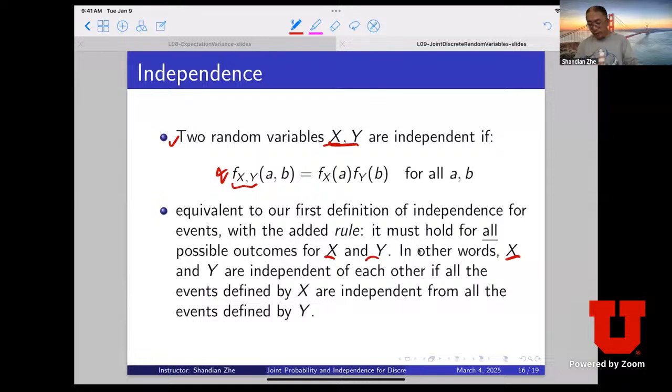What does it mean? It means that if X and Y, these two random variables, are independent of each other, then all the events defined by X are independent from all the events defined by Y.